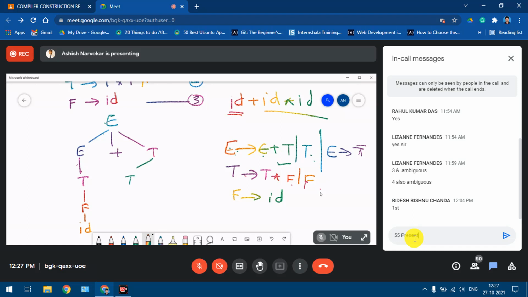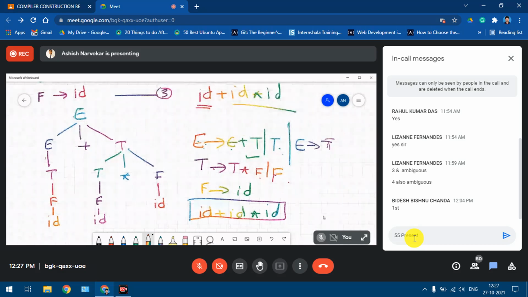It becomes T asterisk F. Now go further ahead by replacing this T by F, and then by id. Replace this F by id directly. Now if we take the yield of this tree, what we'll get is id plus id star id.